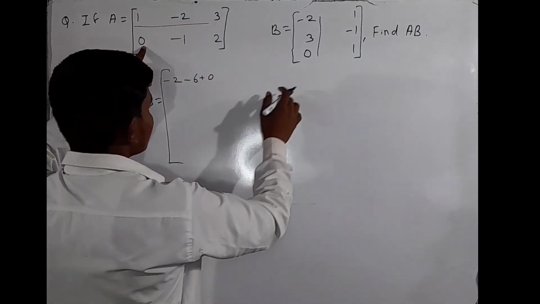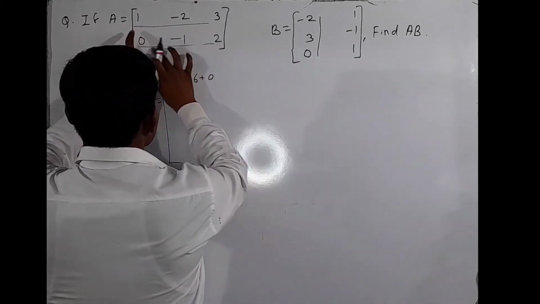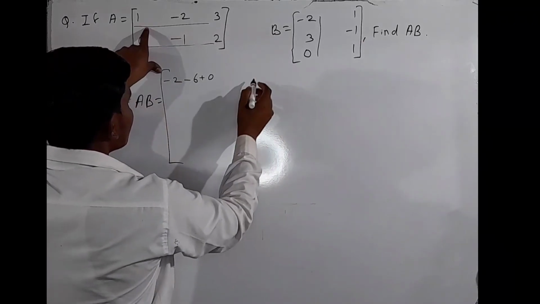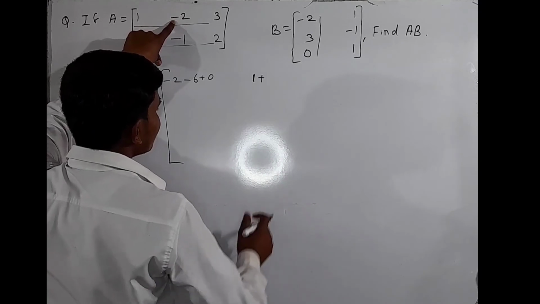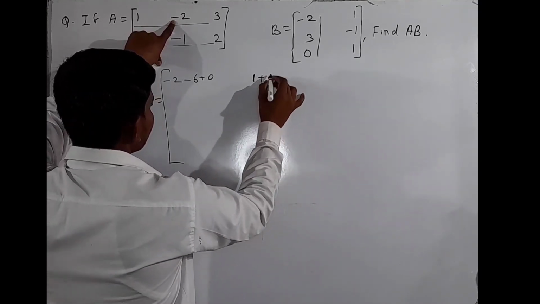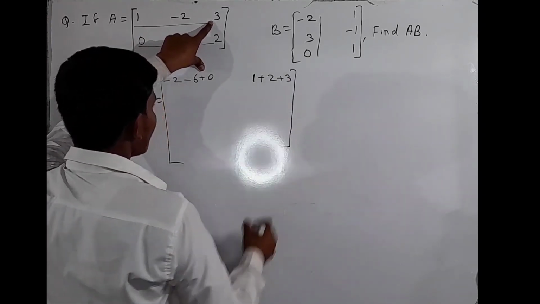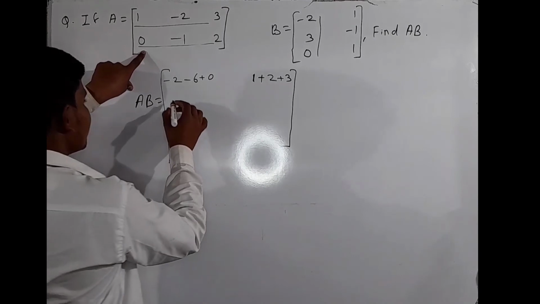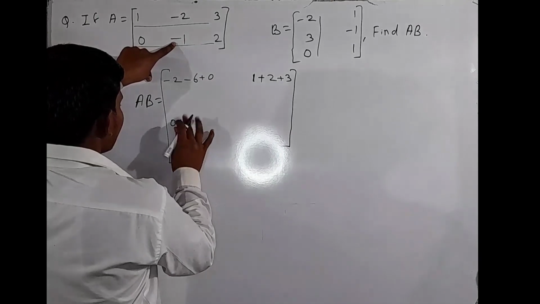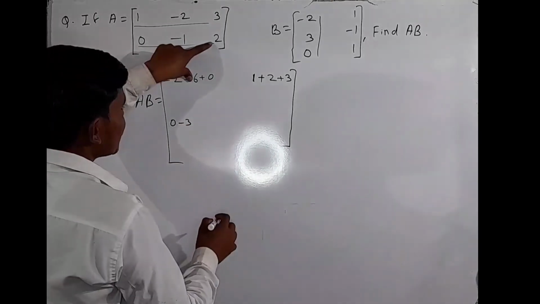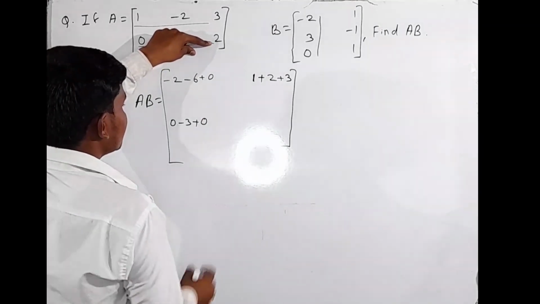Then for this element, 1 into 1, that is 1, plus minus 2 into minus 1, that is plus 2, and plus 3. Then 0 into any term will be 0, plus minus 1 into 3, minus 3, plus 2 into 0, that is 0.